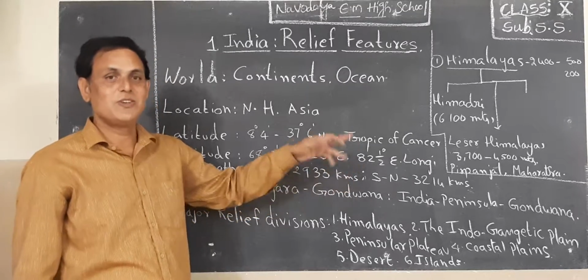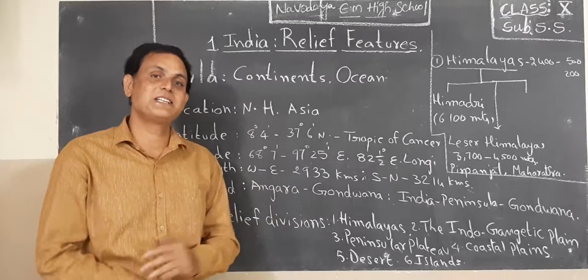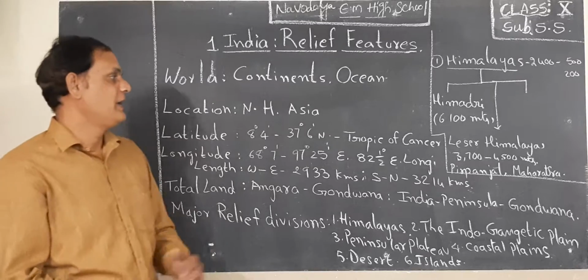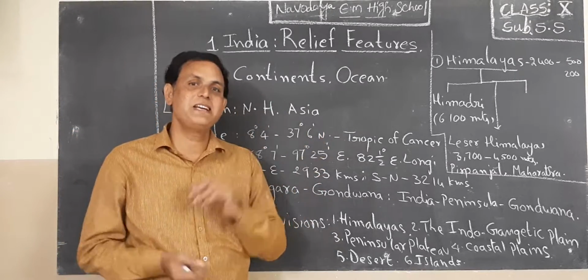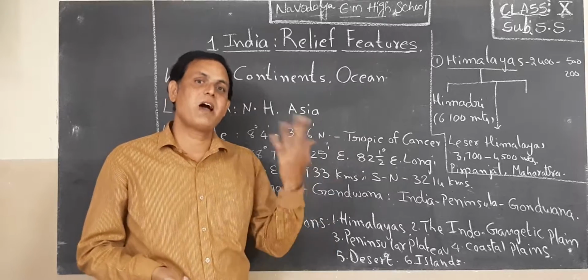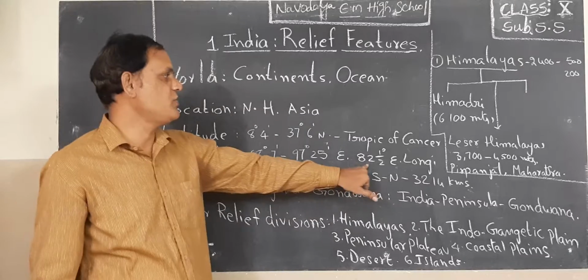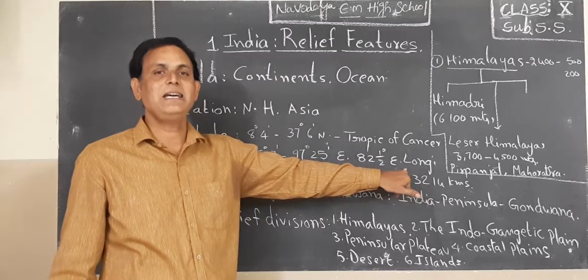These are the longitudinal extents of our country. Next, I said already, one longitude is our standard meridian time, taken by our Indian scientists. What is that? 82.5 degree east longitude. This is called IST.